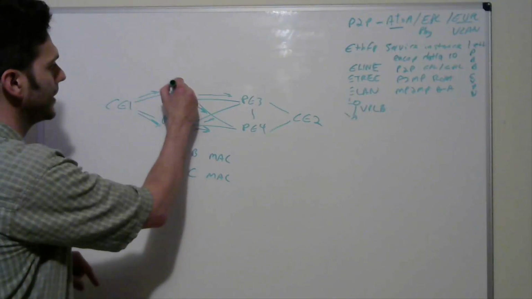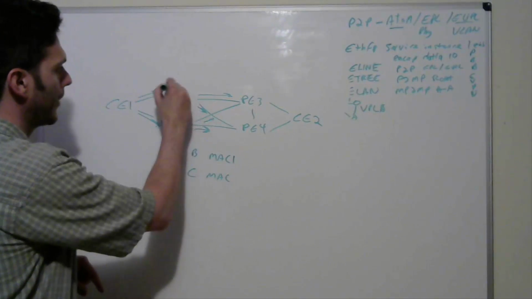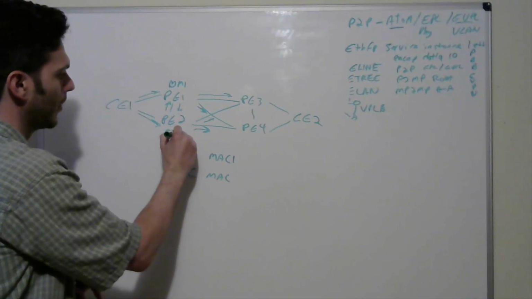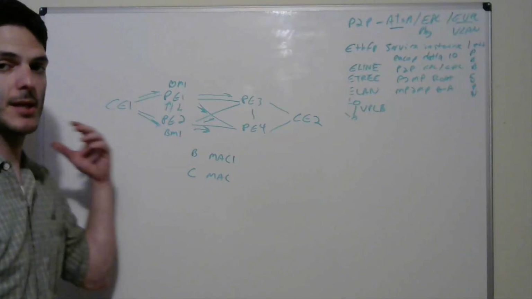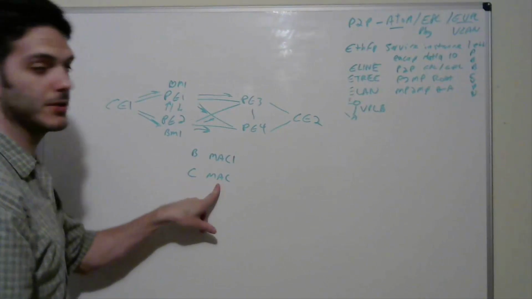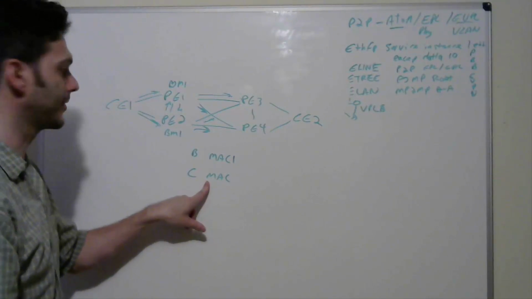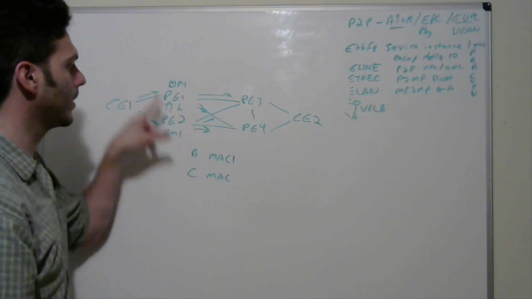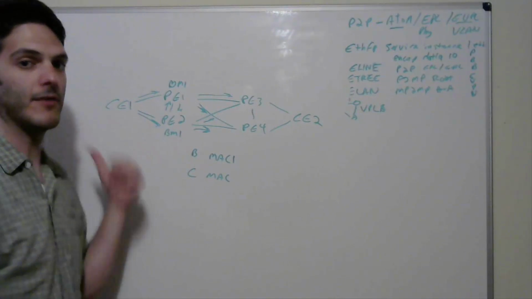And both these guys here will say BMAC 1. We have BMAC 1 here and BMAC 1 here. They're both advertising the same backbone MAC address. If you want to reach this customer MAC address, point it to this backbone MAC address, and then when PE1 and PE2 get it, they'll forward it on.